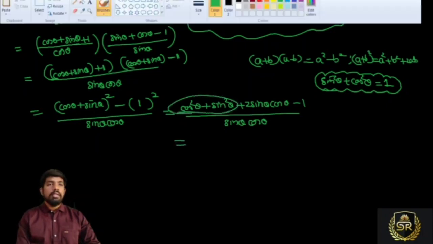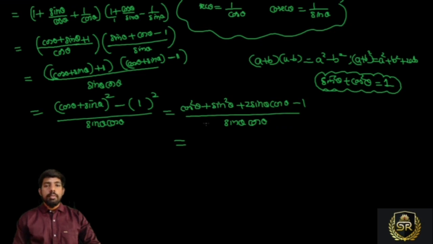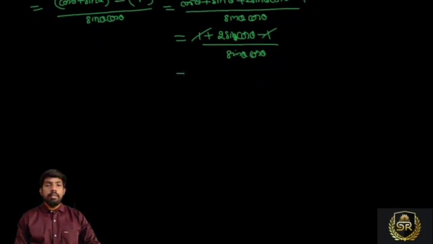From here this is 1 plus 2 sin theta cos theta minus 1 by sin theta into cos theta. Plus 1 minus 1 cancel, and remaining we have 2 into sin theta into cos theta by sin theta into cos theta. Sin cancels, cos cancels, remaining is 2.